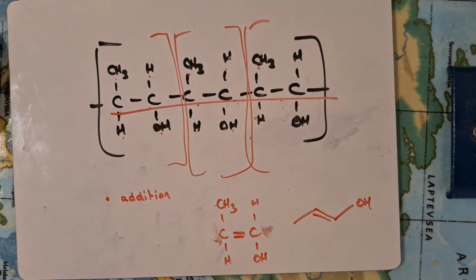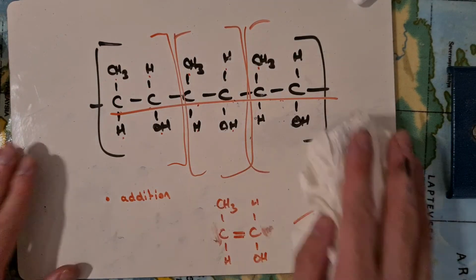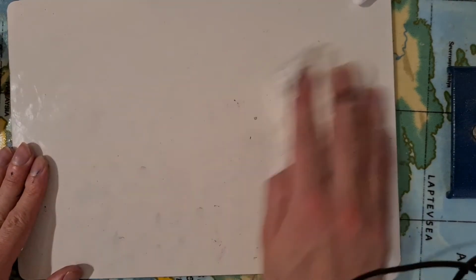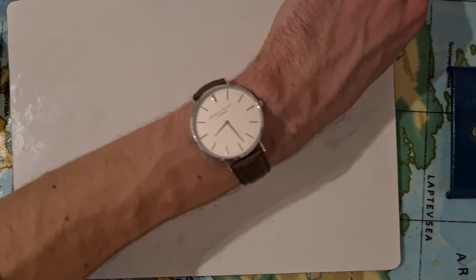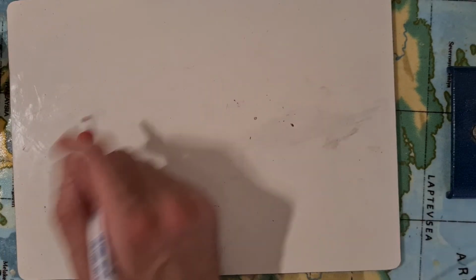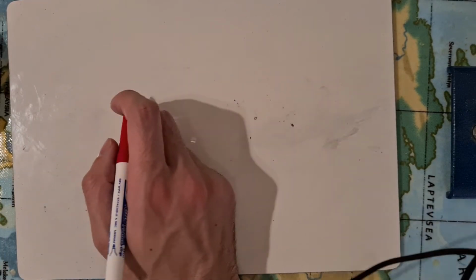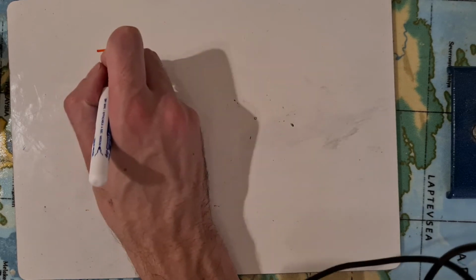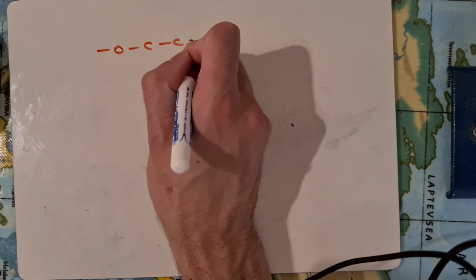The second one, slightly different. So in this one, we have got an ester bond clearly visible. If I draw this out quickly.